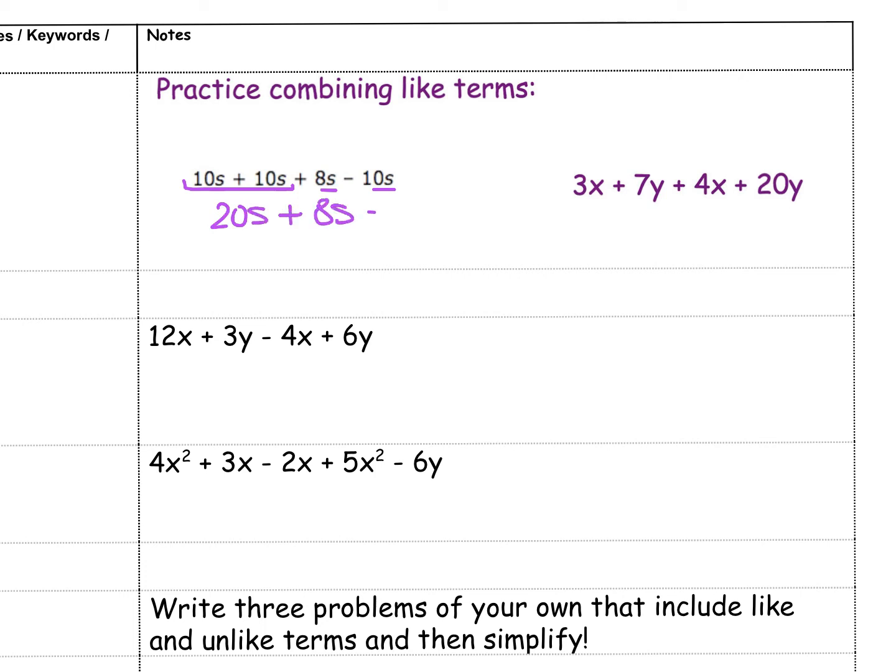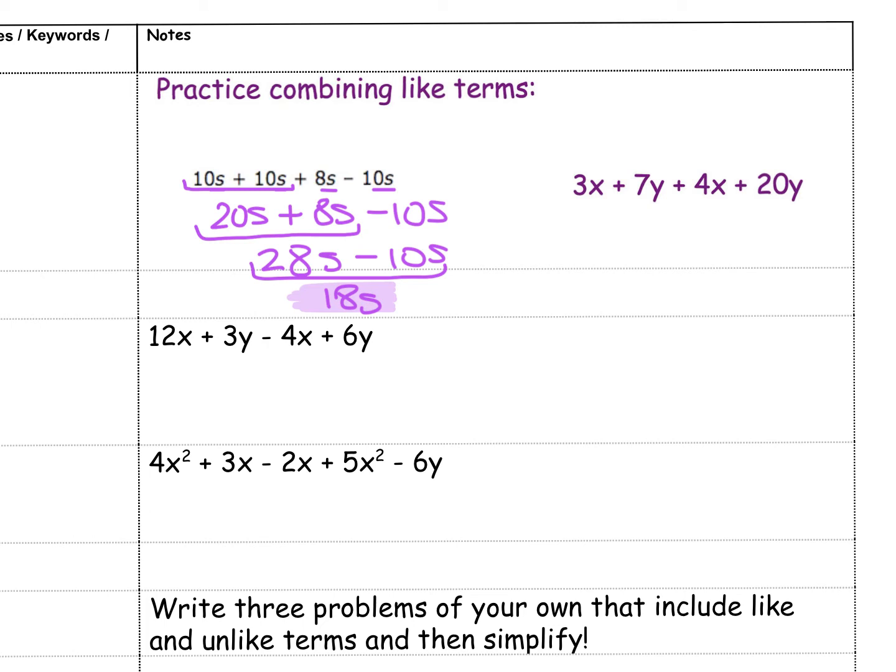Plus 8s minus 10s. 20 s's plus 8 s's is 28 s's minus the 10s. I finally can finish this by putting those together. 28 minus 10, 18s. In this case, I was able to put everything together to get only one term for my answer.